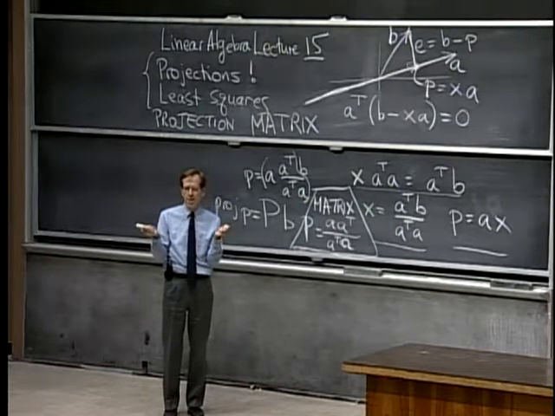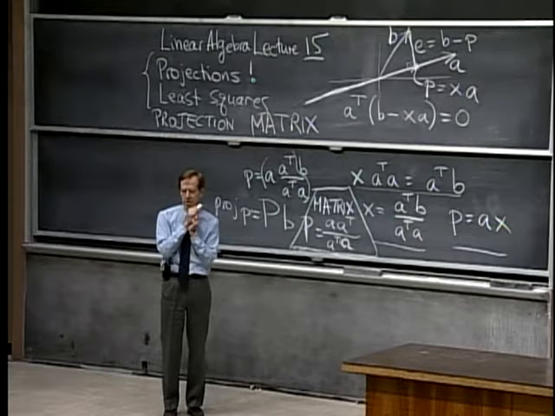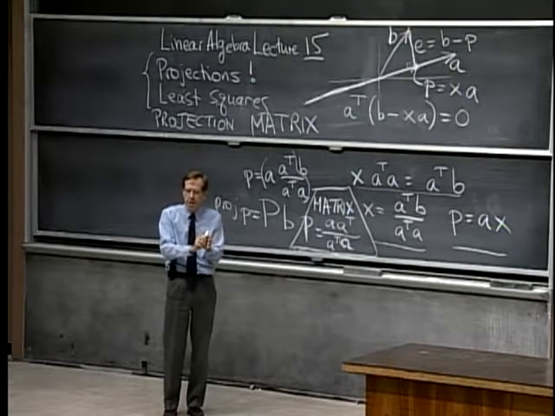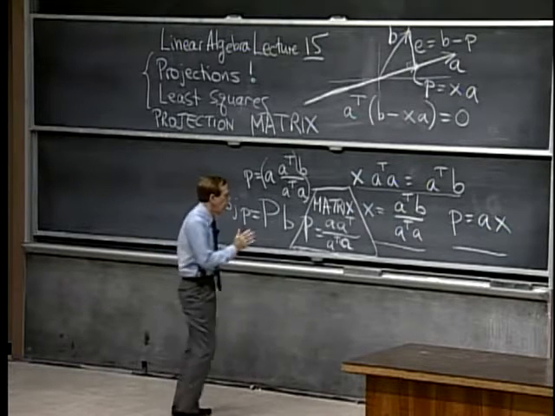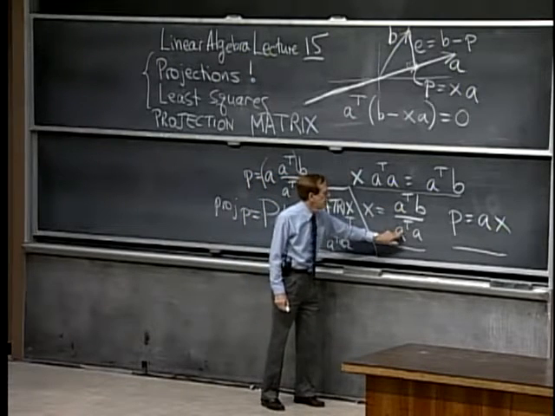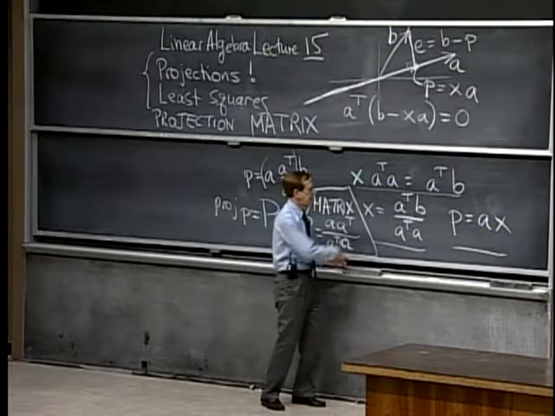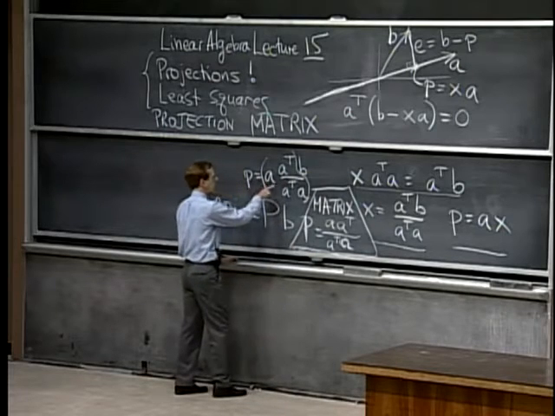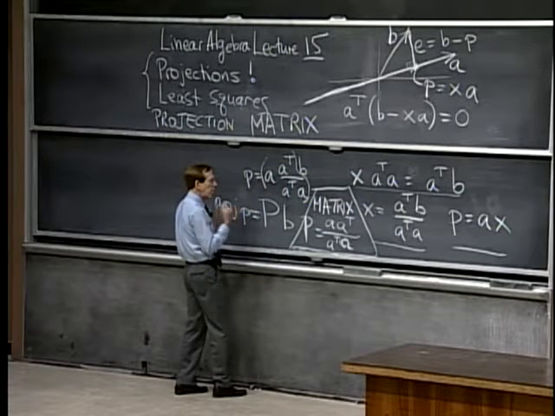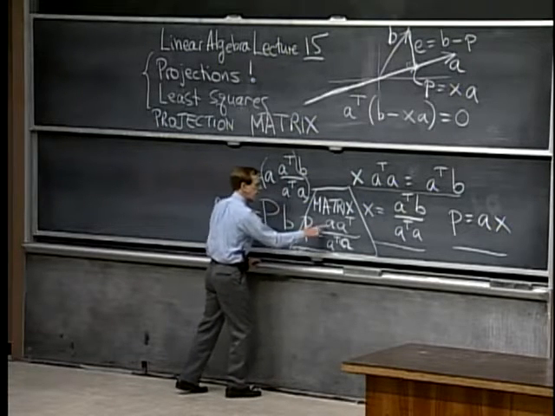I'm just using letters here, A and B. I could put in numbers, but I think for once it's clearer with letters, because all formulas are simple, A transpose B over A transpose A. That's the number that multiplies the A. And then I see, wait a minute, there's a matrix here.